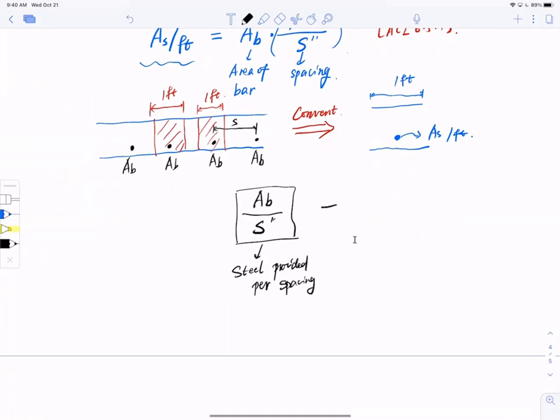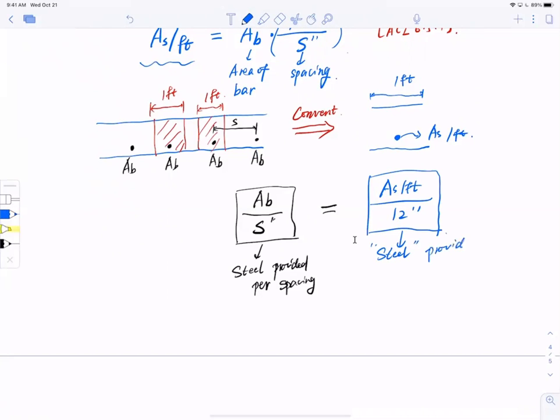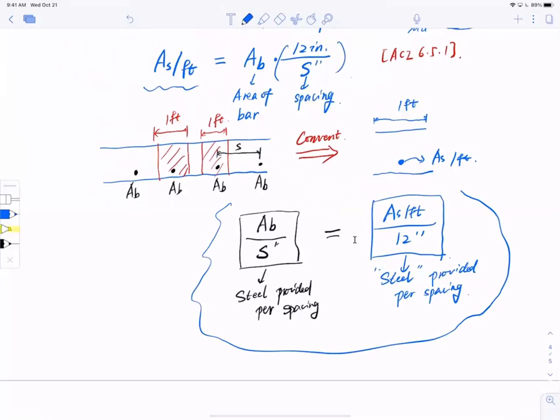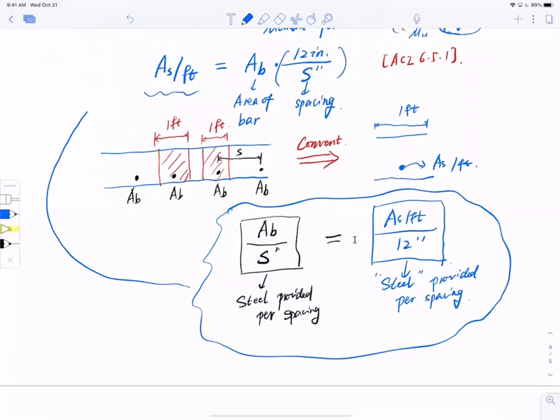This has to equal, on the right-hand side, this AS per foot divided by 12 inches. So this is also imaginary steel provided per spacing. So you do the cross multiplication, and this returns this equation. That's where it comes from.